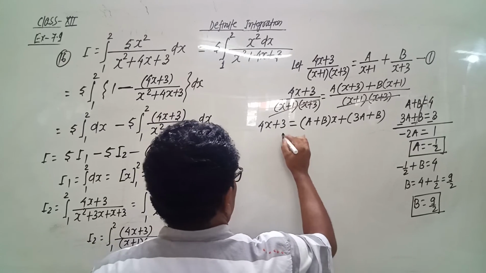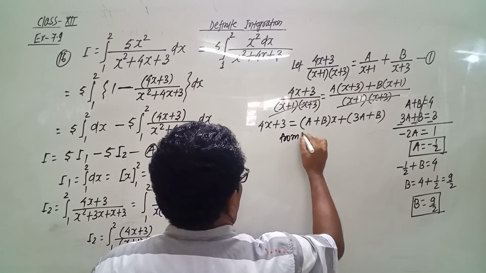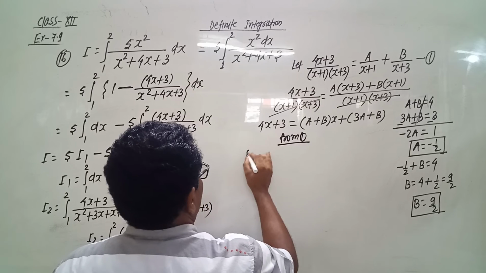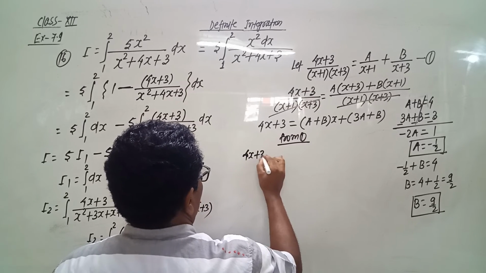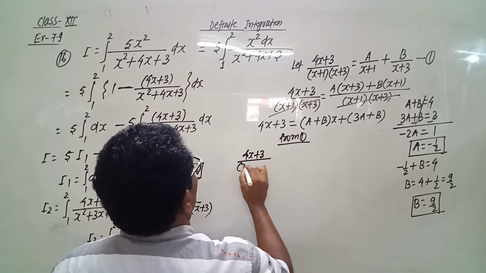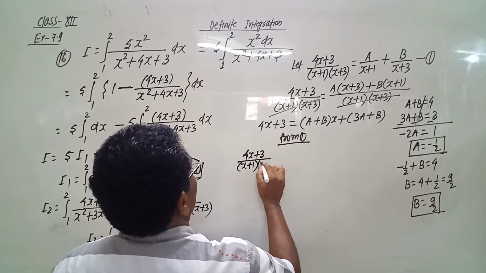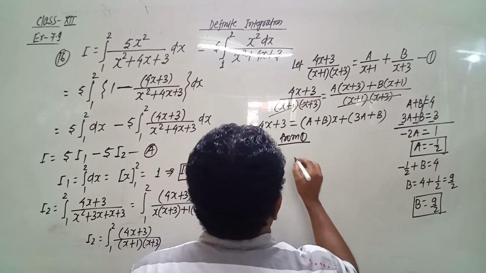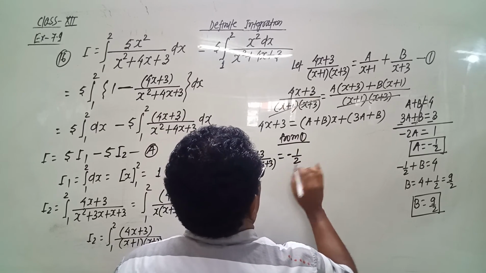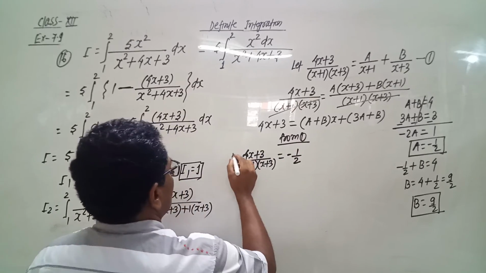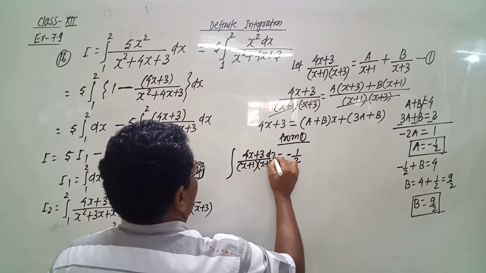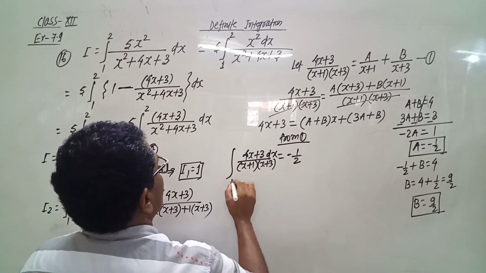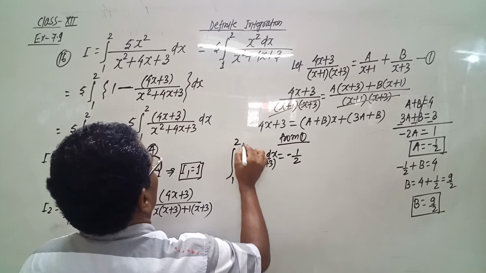Now from the first, 4x plus 3 upon (x plus 1)(x plus 3) is written as a upon x plus 1 plus b upon x plus 3. The value of a is minus 1 by 2, and we introduce the integration sign and dx, and also the limit 1 to 2.